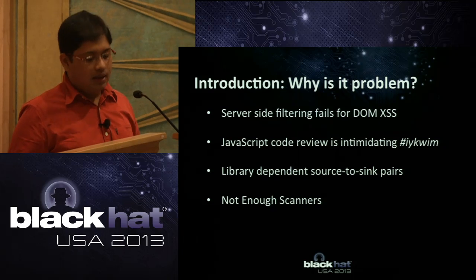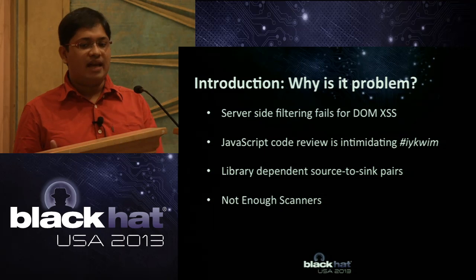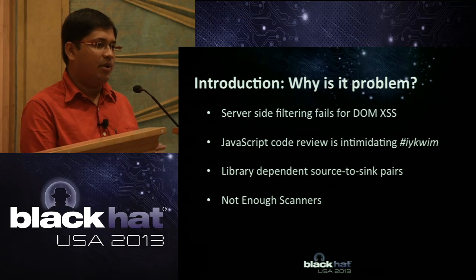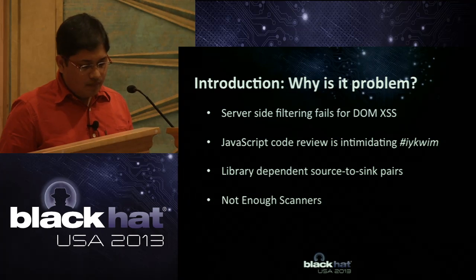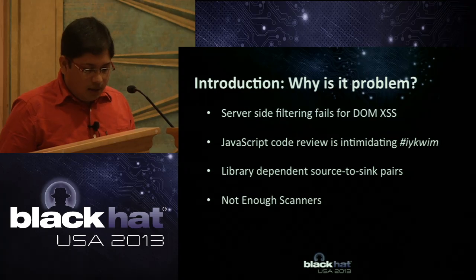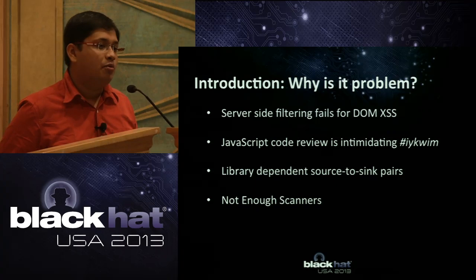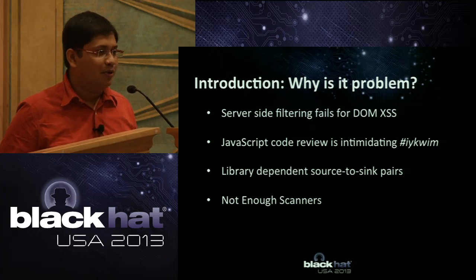So it's really tricky to keep track of all these libraries and figure out the source and sink pair for each and every library. As I said, I didn't have access to enough JavaScript source code scanners, so that's the reason I asked this question to you guys.